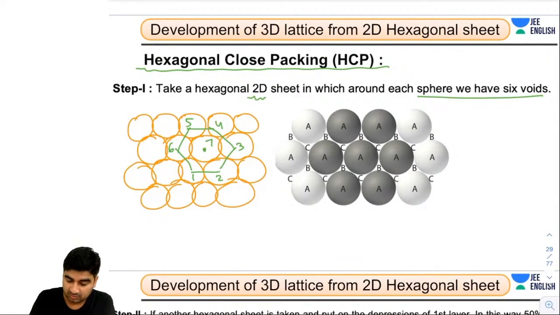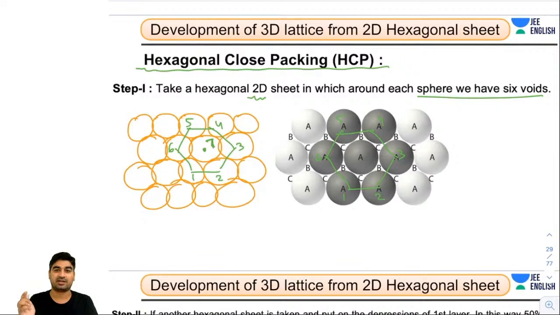So if this is 7, you can get it. Now I'm showing you, this is 1, 2, up to 6. Now this is hexagonal because a hexagon is formed. That's why it is called hexagonal layering, guys. Now it says we have 6 voids.